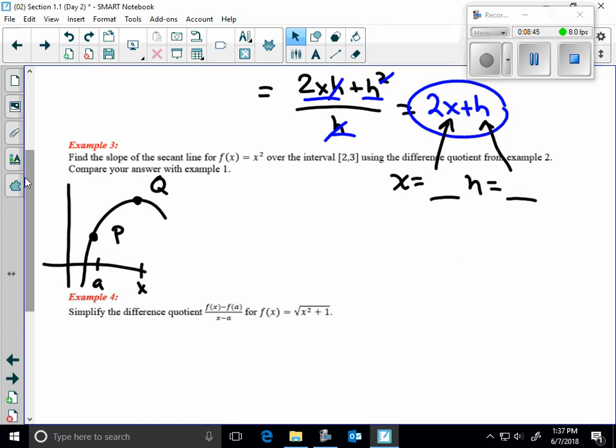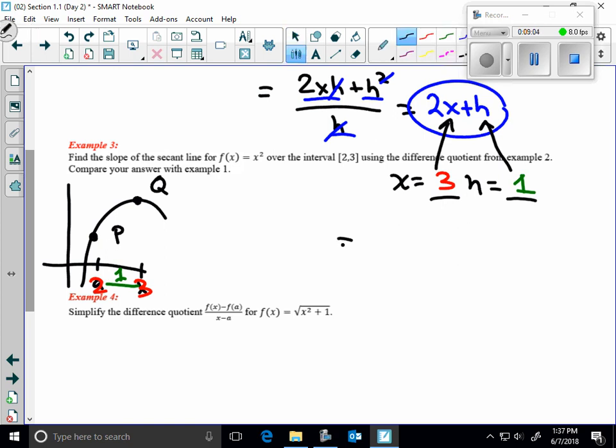Well, in this case, I have a 2 and I have a 3. So a is 2 and x is 3. So I know x is 3, but what is h? Well, h is the change between those two, changed by 1. So it looks like h is 1 and x is 3.